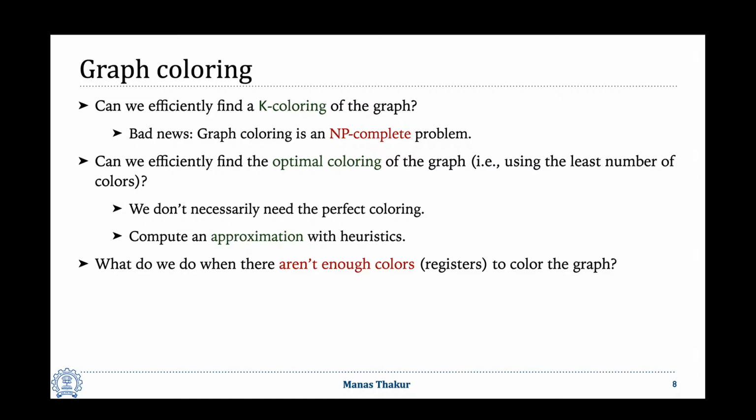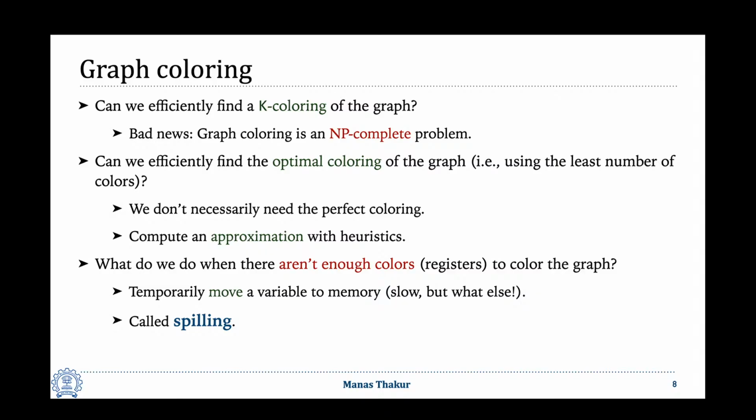So such a metric you would have to come up with when you have to decide which variables to keep in the register, and the other one has to be sent to the memory. As you said, that process is called spilling. Spilling is a compiler's term here, and we say moving a variable to memory is the same as spilling that variable.